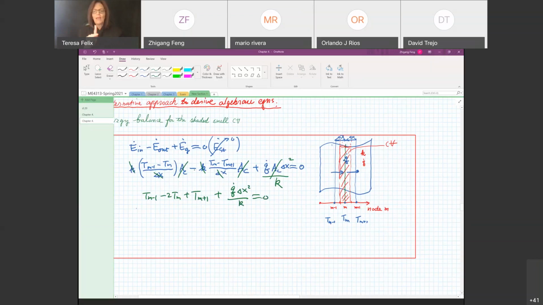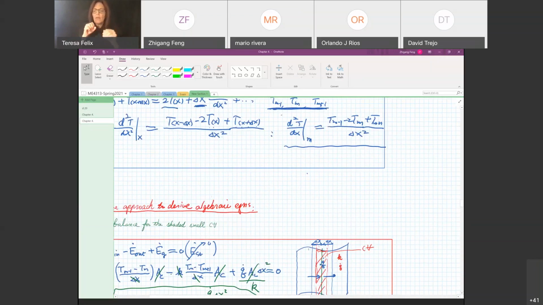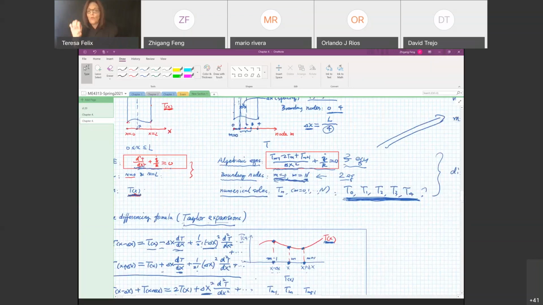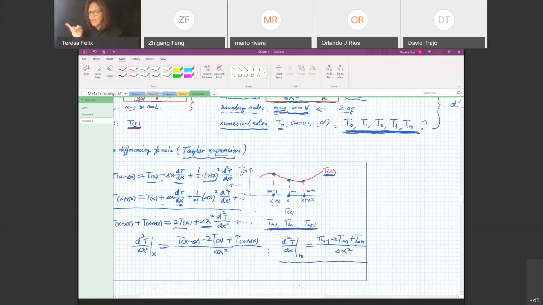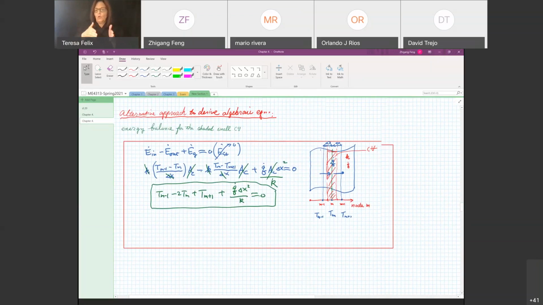So this is the equation based on the energy balance. If you compare this equation with the one we derived based on the Taylor expansion, they are identical, exactly the same. So that's a convenient way to derive the algebraic equation.